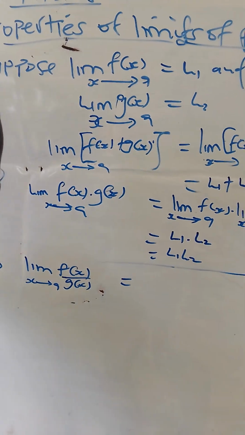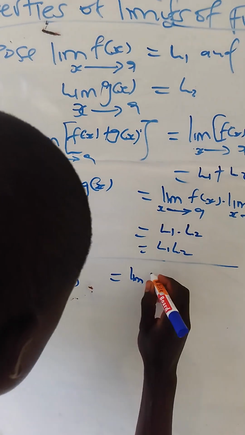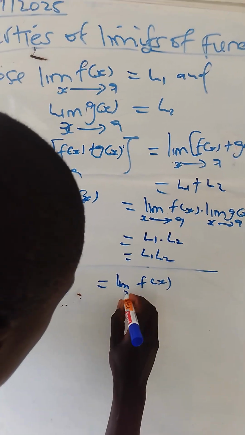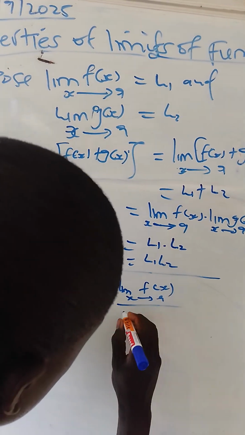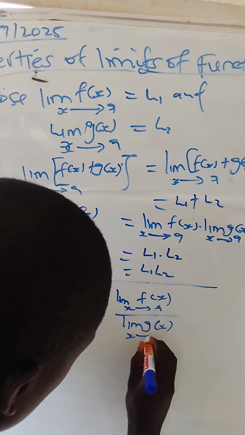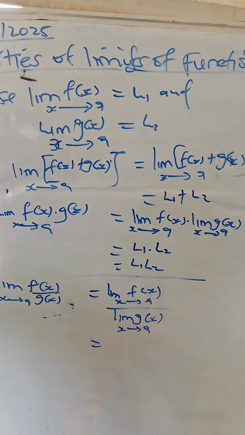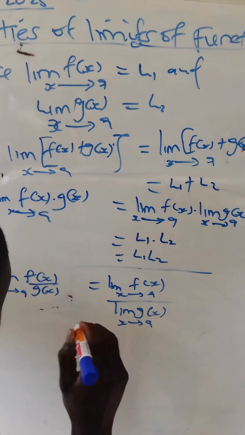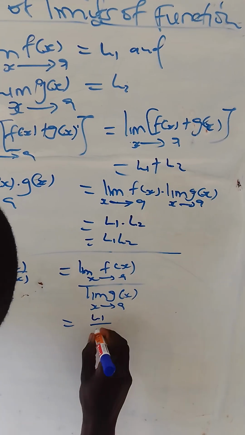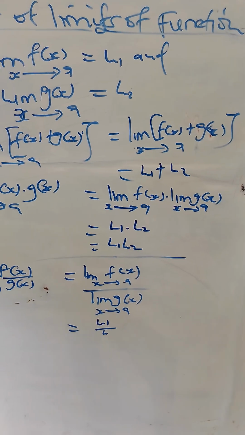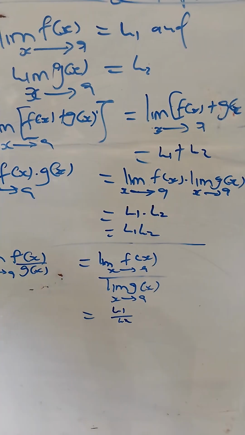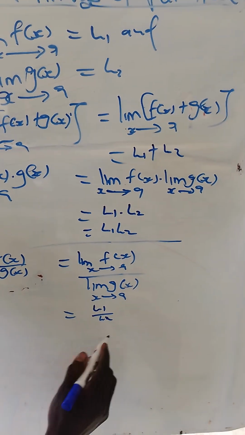Remember, this can be written as the limit of the function f of x for x tending to a divided by the limit of the function g of x for x tending to a. The limit of f of x for x tending to a is the same as L1, and the limit of g of x for x tending to a is the same as L2. So this is again another property for the limits of a function.